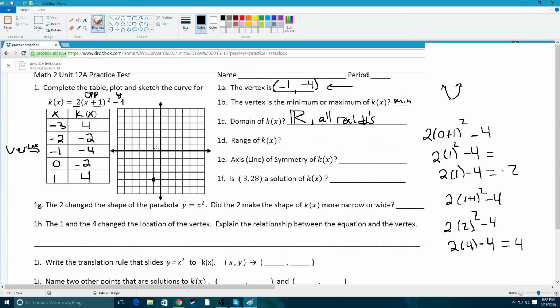So we plot our points, 0, -2, -2, -2, 1, 4, and this guy. And I'm going to do my best to draw this with a mouse. It's a quadratic function that looks something like this.